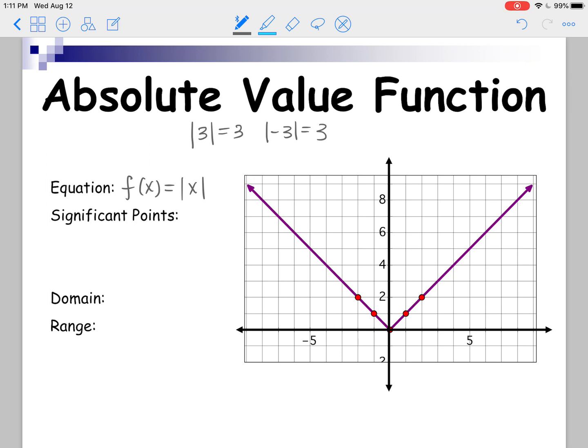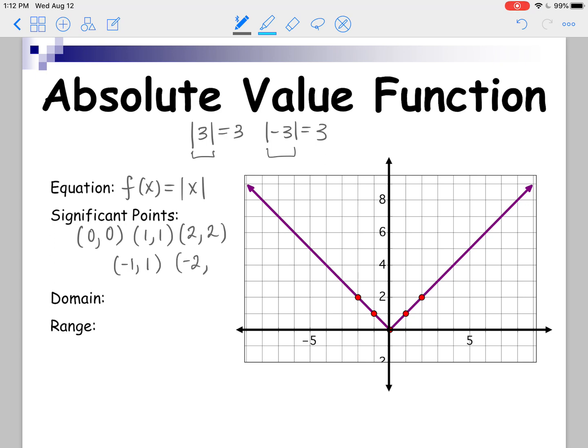Essentially, when you put these absolute value bars around a number, you're basically saying take the positive version of it. If I were to plug in 0, the absolute value would be 0. Absolute value of 1 is 1. Absolute value of 2 is 2. If I were to plug in -1 to the function, I would get +1 as the output.